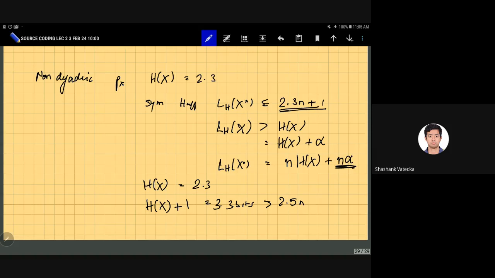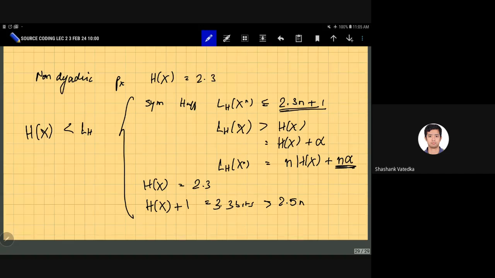For the second case, so here in the first problem, the main idea was that for Huffman codes or any code for that matter, the expected length that you can achieve is strictly larger than H of X bits. So the expected length is strictly greater than H of X if the source is non-dyadic.